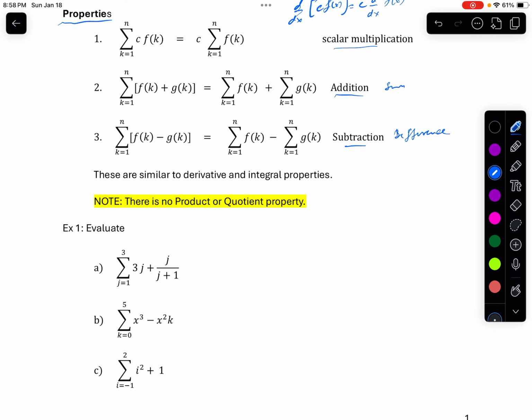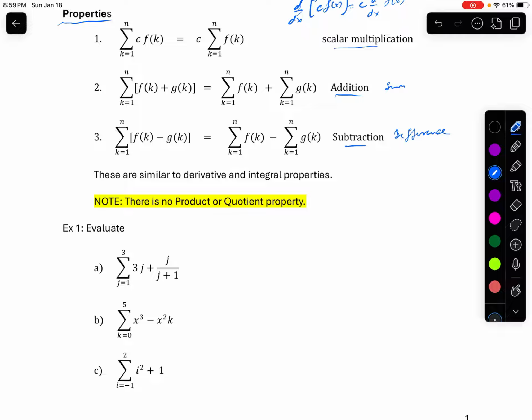Now note here that there is no product or quotient property. With the derivatives, remember we had a product rule. With the integrals, we don't have a product rule. I mean, it's called integration by parts. When we have a product, there are two things you can do. You will learn in a few days that one thing you can do is make a substitution.